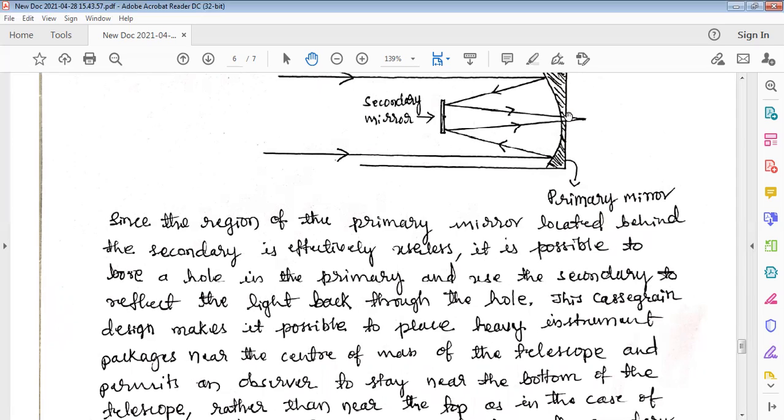So here in the primary mirror we have drilled a hole, and the light rays from the secondary mirror are reflected in this direction and meet here.